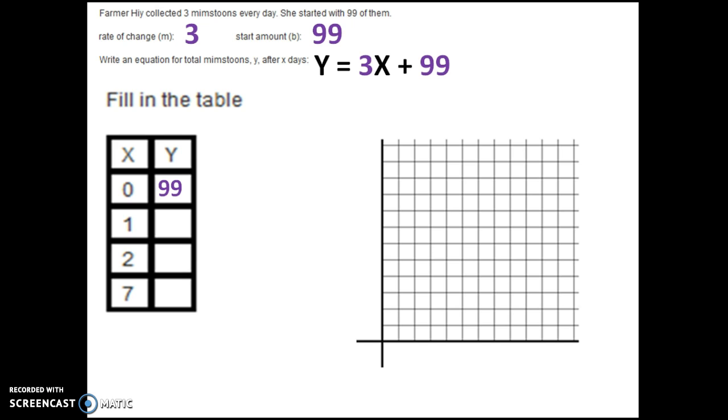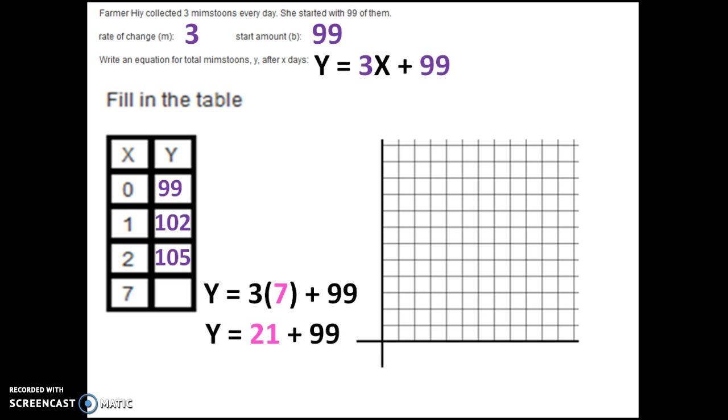If we have 1 in for x, we will get 3 plus 99, or 102, then 105, and then notice we have 7 here, so y equals 3 times 7 plus 99. 3 times 7 is 21, and 21 plus 99 is 120. So our y value when x is 7 is 120.